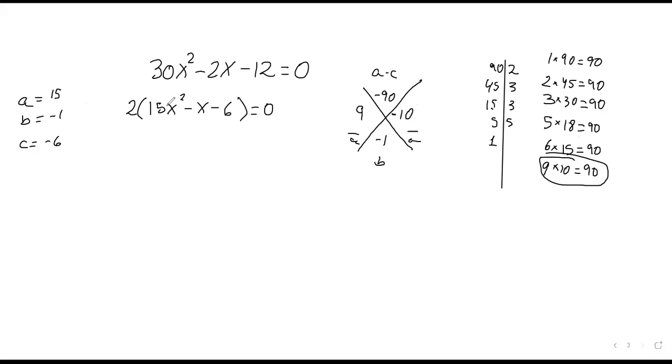Then we have to divide by A, and A is 15. And we have to simplify. If we simplify, dividing by 5, 10 divided by 5 is 2, and 15 divided by 5 is 3. And if we simplify here using 3, 9 divided by 3 is 3, and 15 divided by 3 is 5.